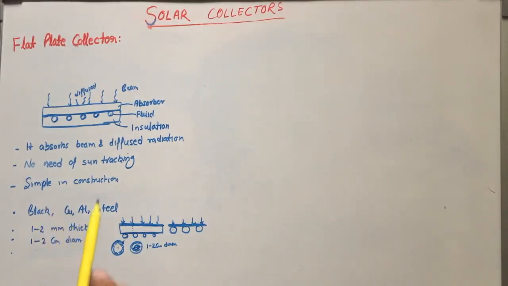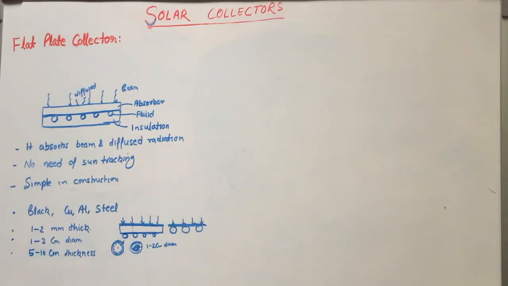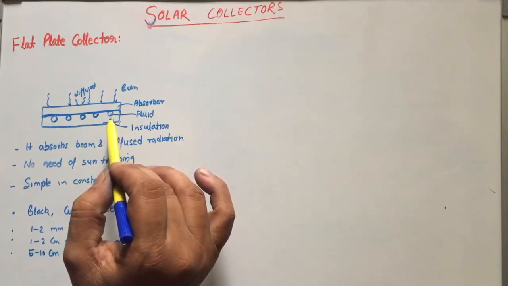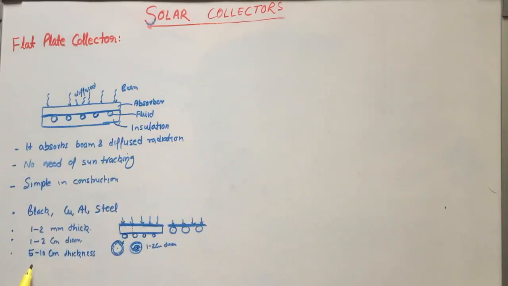The next component is insulation, and the insulation should be 5 to 10 centimeter thickness. If it will be more than that, then it will be without any further advantage, it will only increase the cost. However, if it will be less than this thickness, then it may not be capable of insulating the heat, and heat may be lost to the surrounding. So in this way, the thickness of the insulation is optimum at 5 to 10 centimeter only.